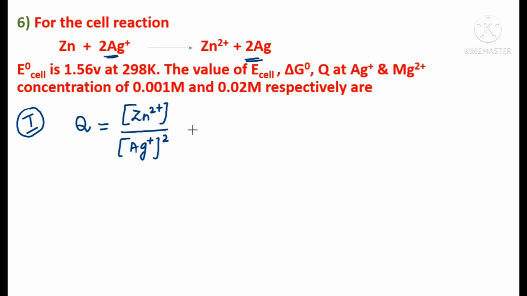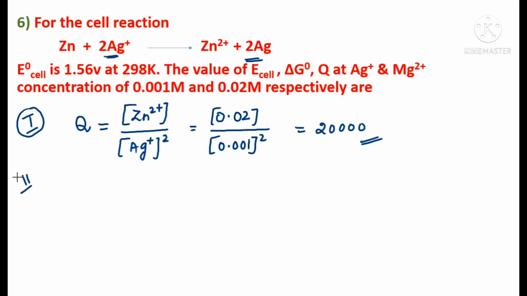What is the value of zinc? The concentration of zinc is 0.02, divided by the concentration of Ag+ ions, 0.001 squared. So the answer is 20000. The mass action ratio is 20000.